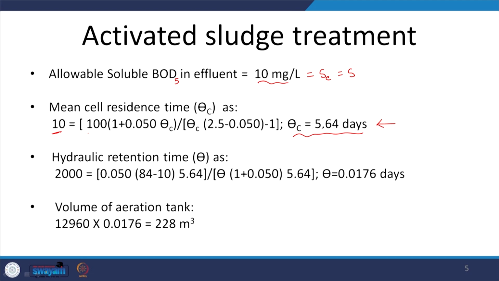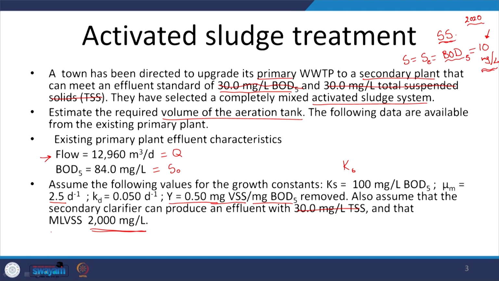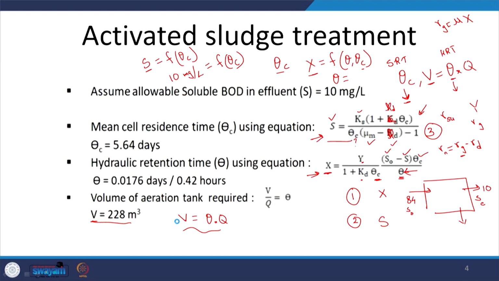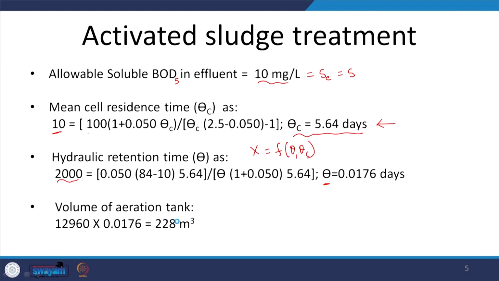From that we are substituting into the equation for x, which is a function of theta and theta c, to calculate theta, and that MLVSS, right, is 2000 milligram per liter, that is what we are assuming to be x, right. And okay, so from here we calculated theta.